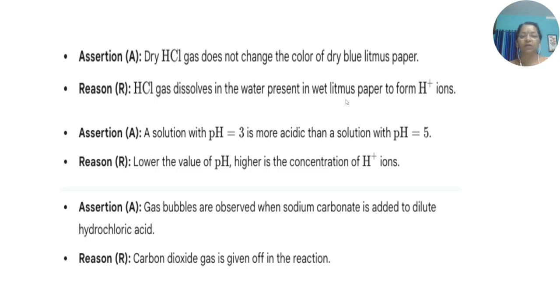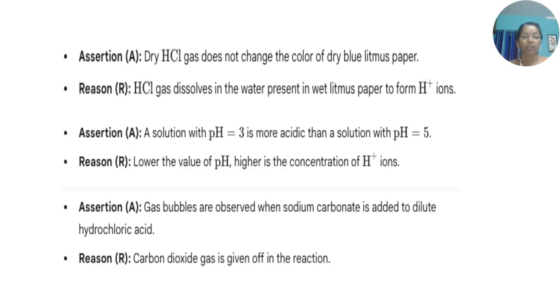HCl gas dissolves in the water present in the wet litmus to form H plus ion. That is also correct. So even though it is correct, it is not the correct explanation of assertion, right? So A is correct, R is correct, but R is not the correct explanation of A.